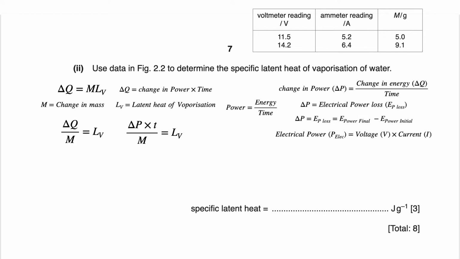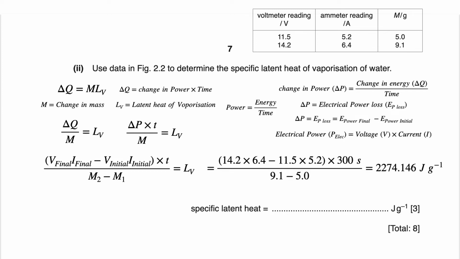Instead of delta P, we put final power minus initial power: V final multiplied by I final, minus V initial multiplied by I initial, times t, and the mass change is M2 minus M1. Let's substitute all the values. The answer we get is 2274.146 joule per gram. The unit is given, so all we have to write is just the number.